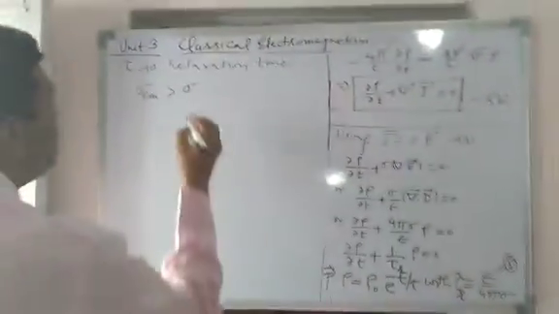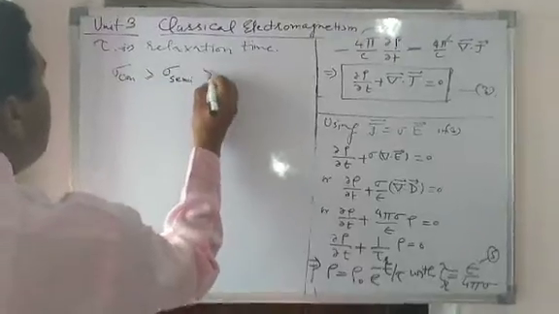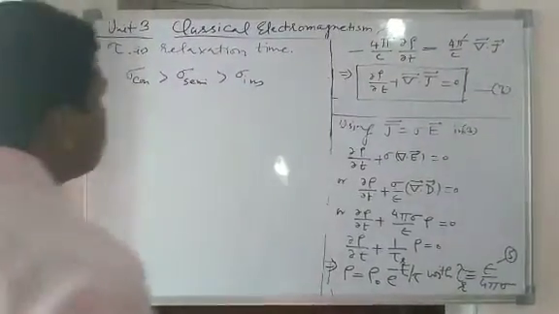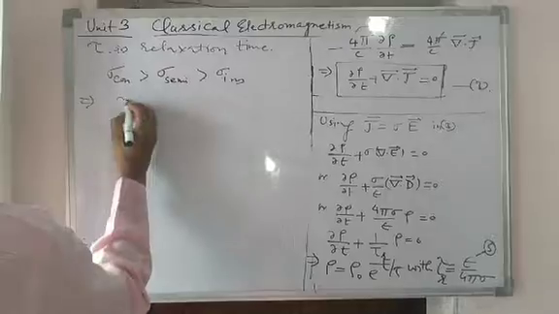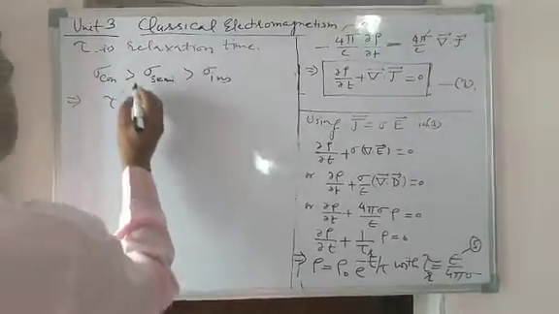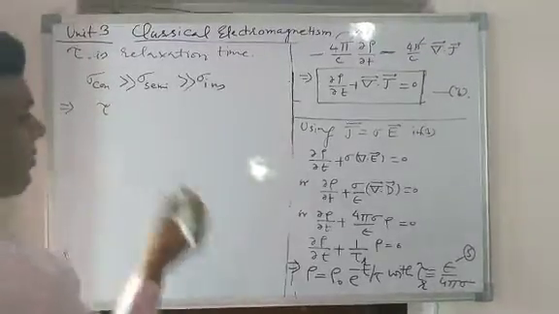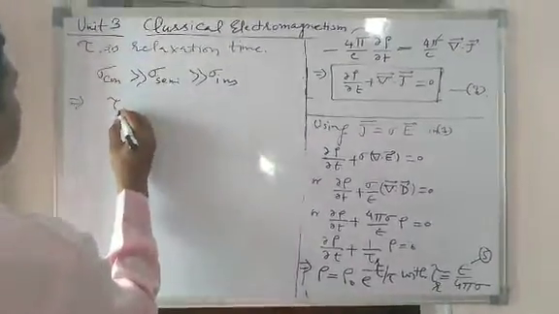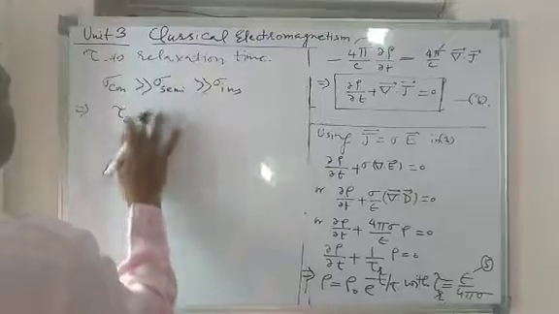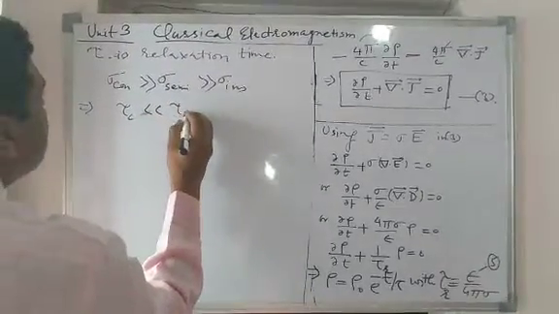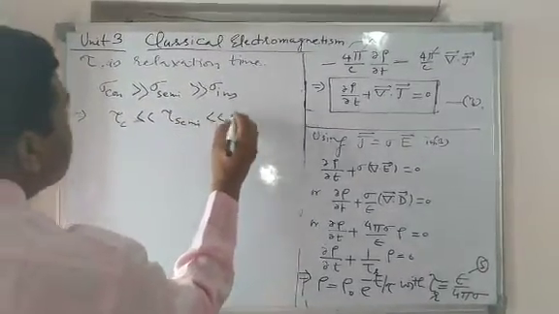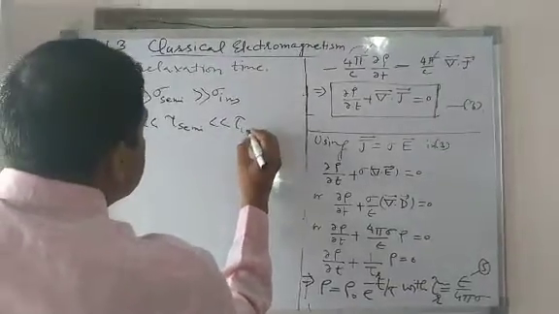As we can see, sigma for a conductor is greater than sigma for semiconductors, and then sigma for an insulator, and that immediately tells us that tau for a conductor is much smaller than tau for semiconductors and then tau for insulators.